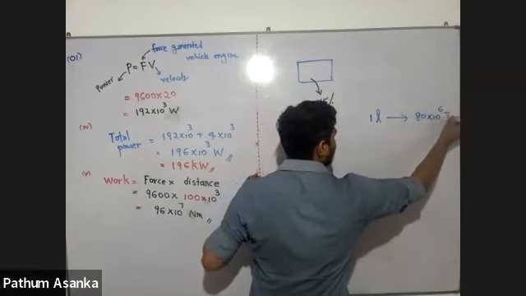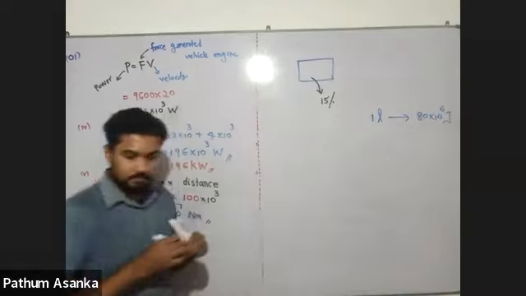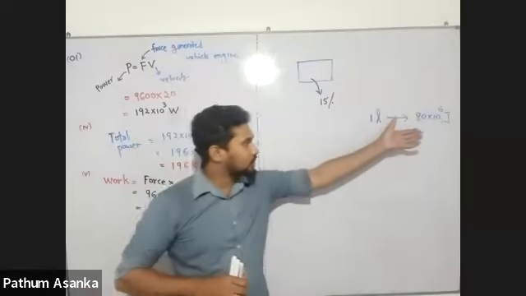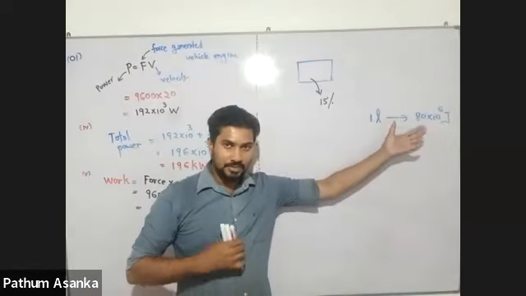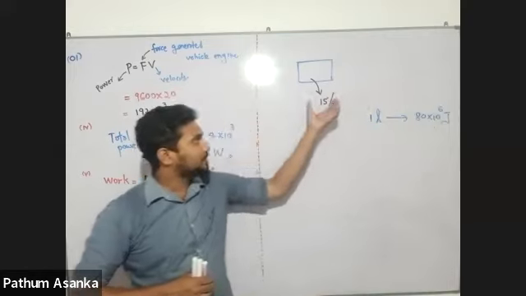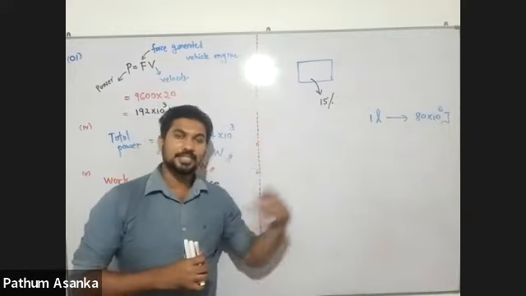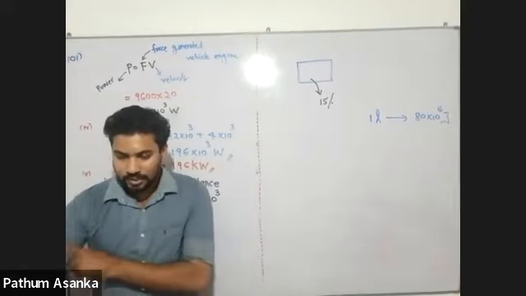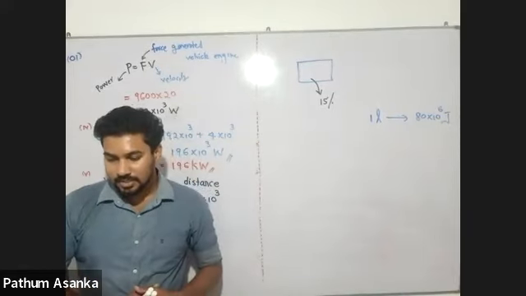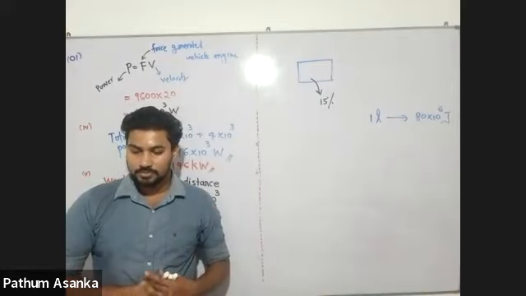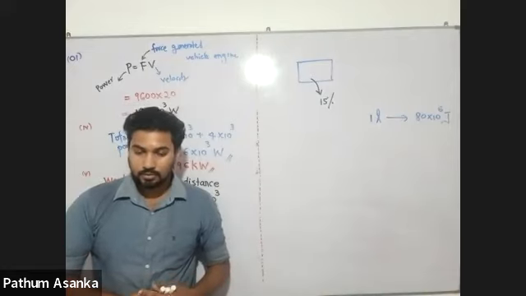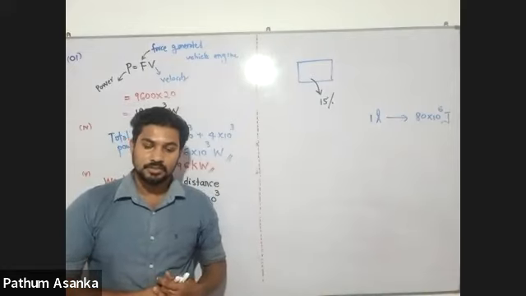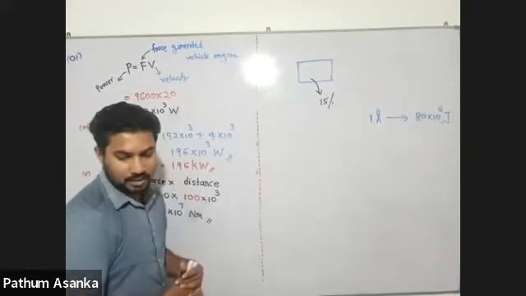Find the volume of fuel consumed in liters to drive the car or the bus for a distance of 100 kilometers at the above constant speed.